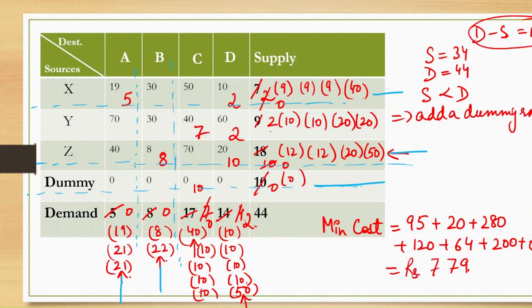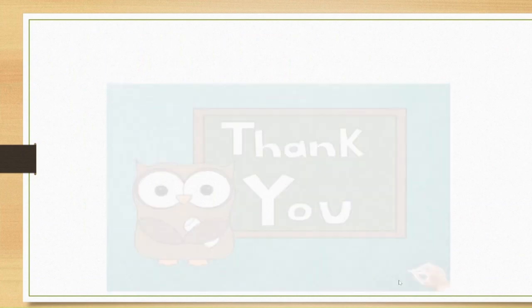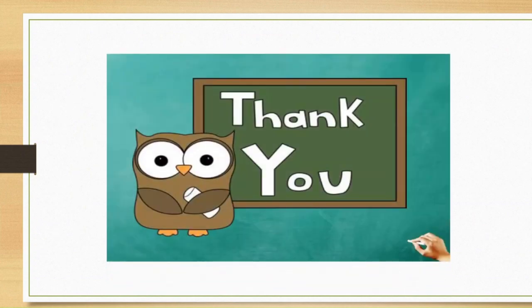So this is what we have achieved in this minimum cost. So this is how we can calculate the initial basic feasible solution using the VAM method for both the balanced and the unbalanced transportation problems.